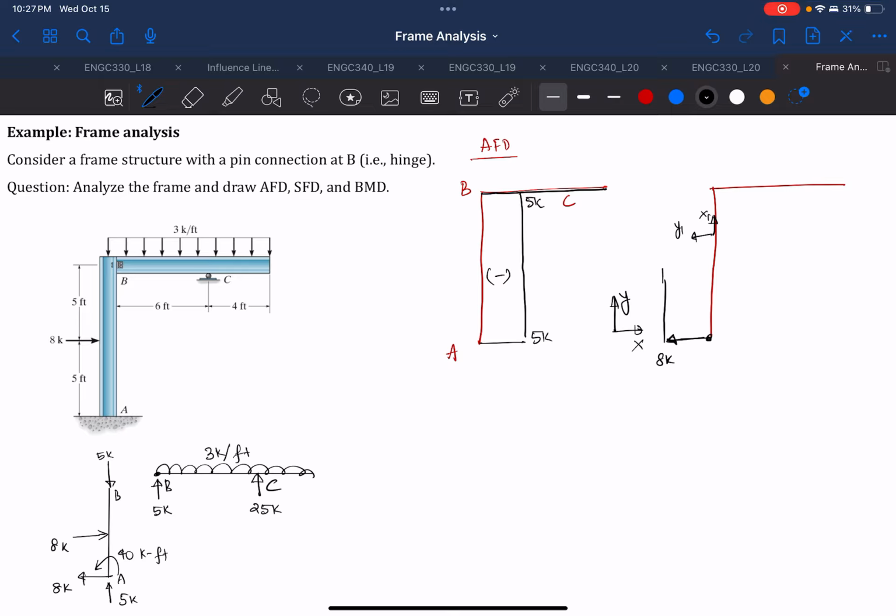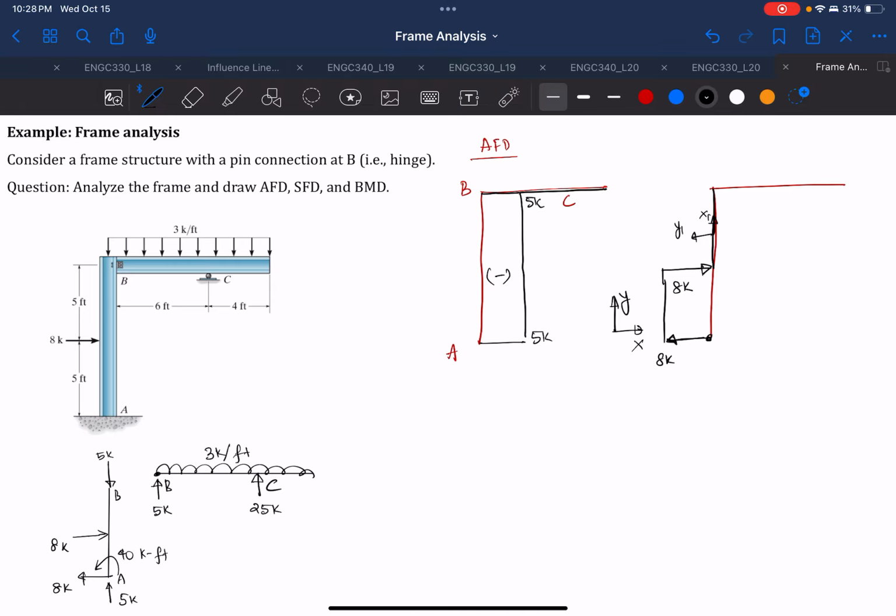And then exactly at the midpoint, you will have the 8K coming down. And then after that, since again there's no load in between the point load 8K and joint B, the slope will again be 0, so it will be a straight line, and the shear force will be equal to 0.